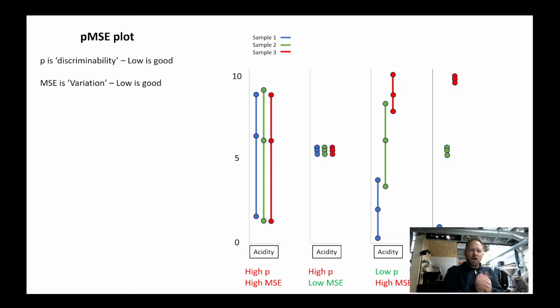So you want a low p-value and a low MSE value. A low p-value shows that you are able to shift your scoring every time you get a different sample on the same descriptor. And a low variation shows that you generally score the same. You're very consistent. I hope this is clear.